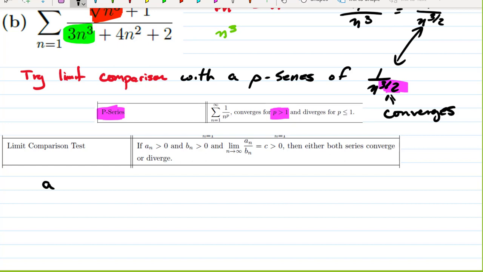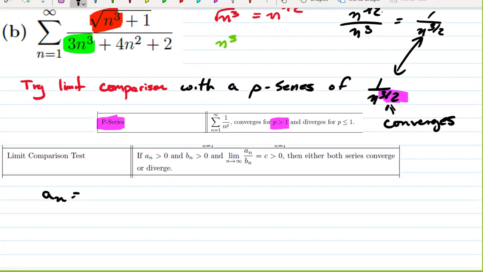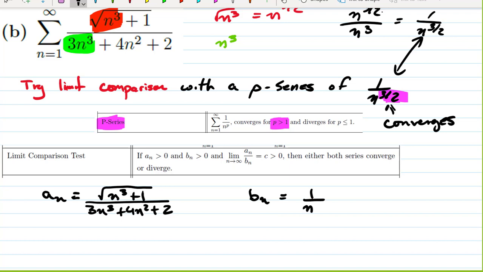So our a_n are then going to be, from our series here, the square root of n cubed plus 1 all over 3n cubed plus 4n squared plus 2. And then our b_n are going to be our convergent p-series, so 1 over n to the 3/2.